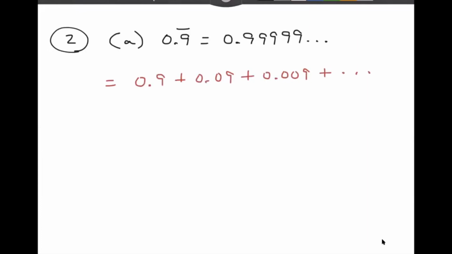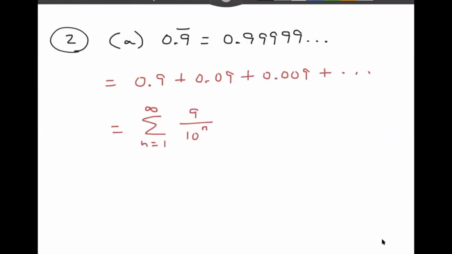And if I wanted to write this as a geometric series in closed form, which I don't really have to do, maybe I'll do it just this once, it would be the sum, n going from 1 to infinity, of 9 over 10 to the n. The first term is 9/10, the second term is 9/100, the third term is 9/1000, etc.